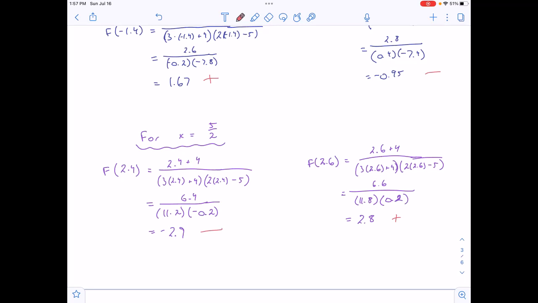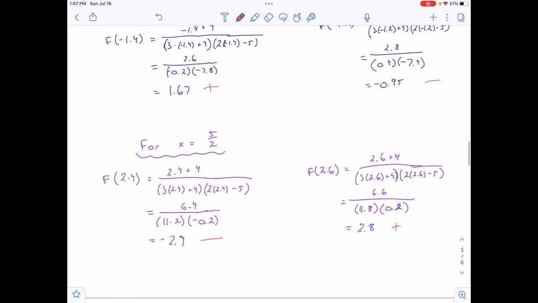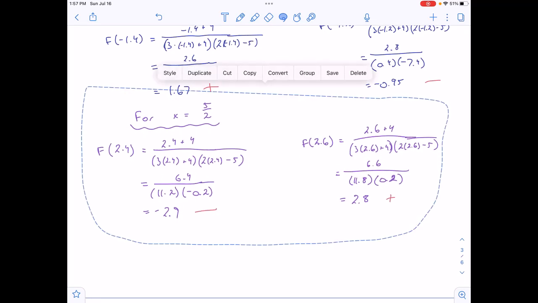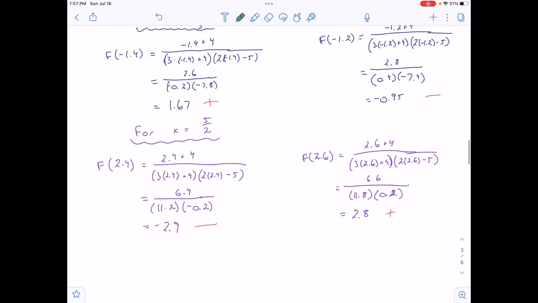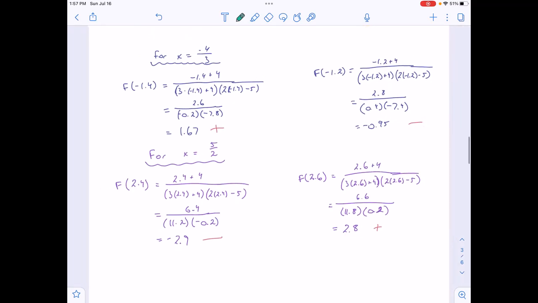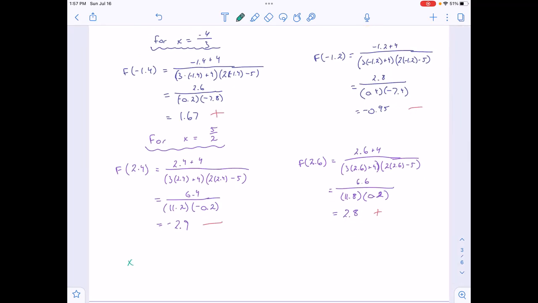Okay, let's conclude here, and I'm just going to shift this up so I've got some more space. So we have, as x approaches negative 4/3 from the left, y goes to positive infinity.